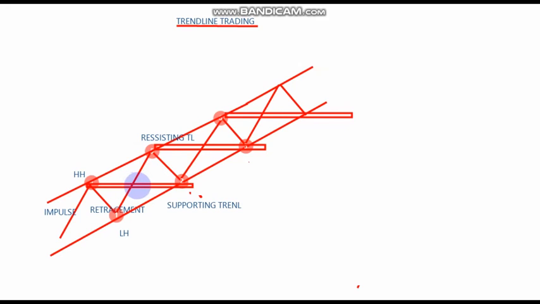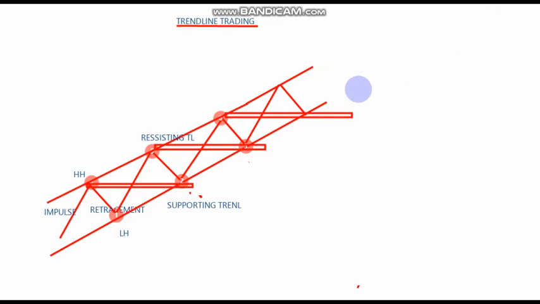This resistance was broken, so it's no longer existent. So now in this area, this rectangle is acting like our support now. Since we have broken the resistance, it's now our support, and this up is our resistance. So if it comes down, we can predict that the price is going to bounce back up here, since this now is no longer our resistance but our support. So it's going to act like a support. So that's just a basic concept you need to have and know.